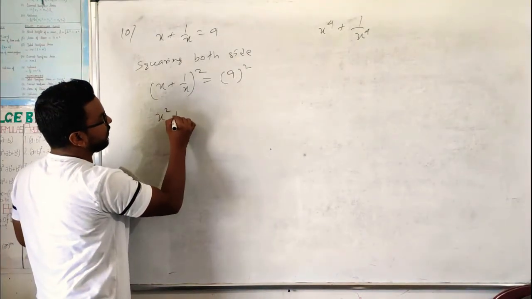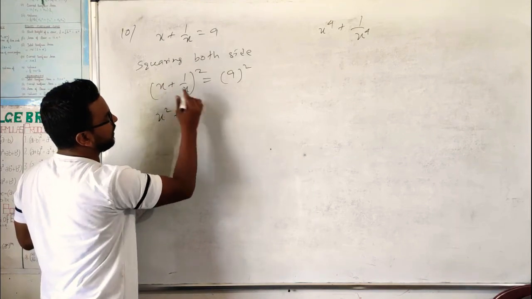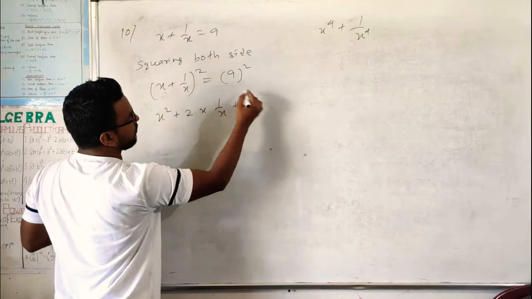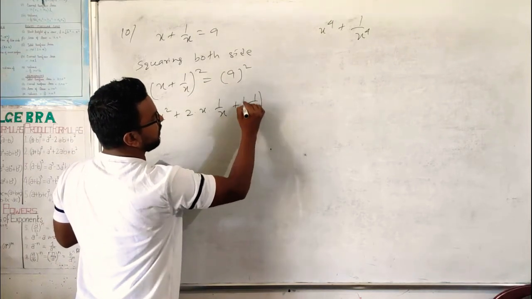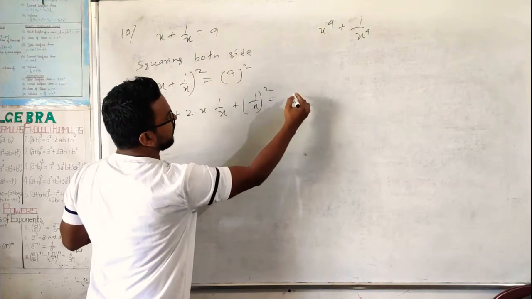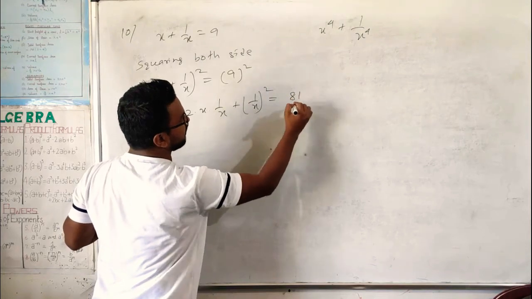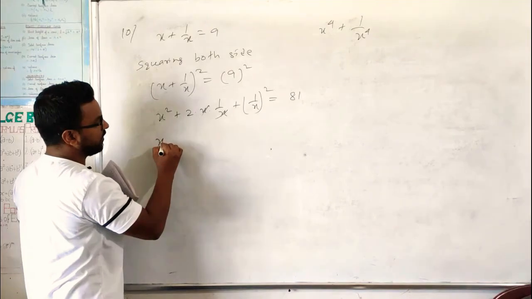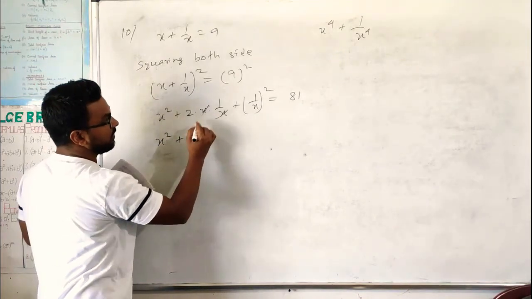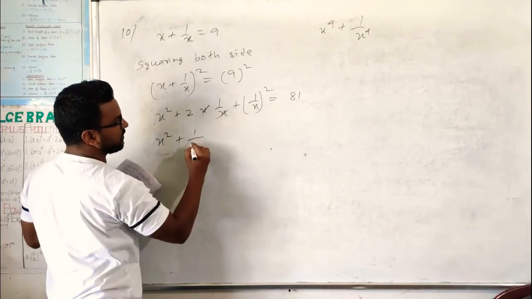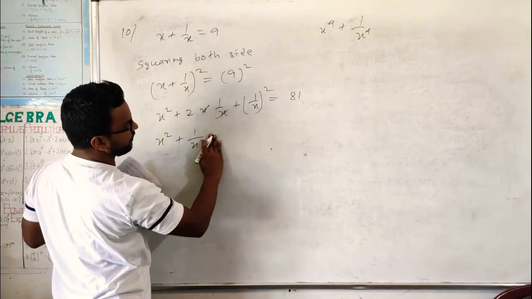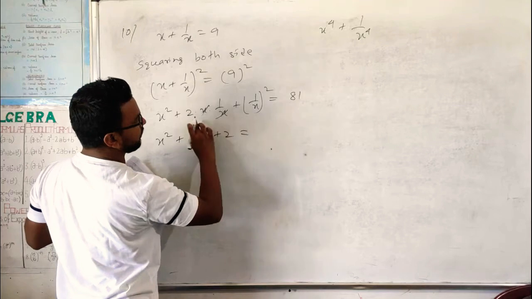So a square plus twice ab, a is x and b is 1 by x, plus b square, 1 by x whole square. The square of 9 is 81. Okay, this and this will get cancelled. What will remain? x square plus square of 1 is 1 and square of x is x square equals, okay, 2 is there, right? So let me write 2 here, and equals 81.